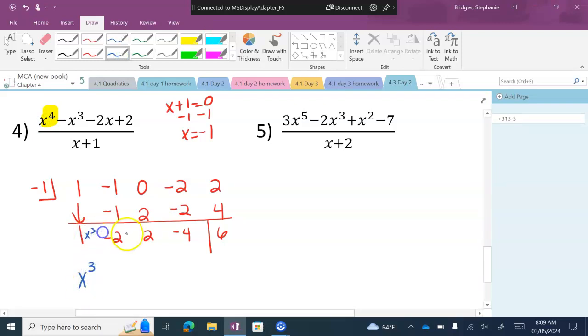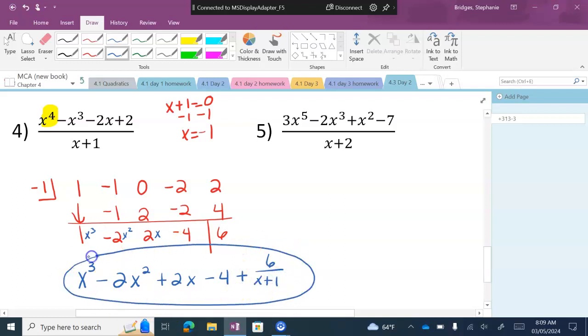Again, if it helps you to write them next to it before you write your final answer, that will be okay. Negative 2x squared, a positive 2x, a negative 4, plus my remainder over my divisor. Everybody kind of okay with that?